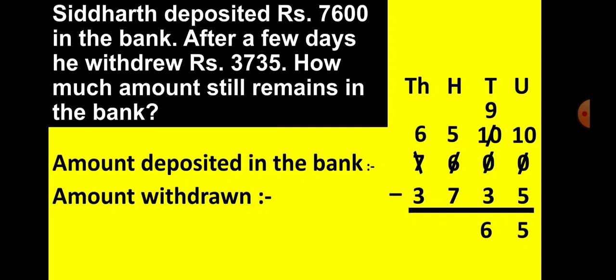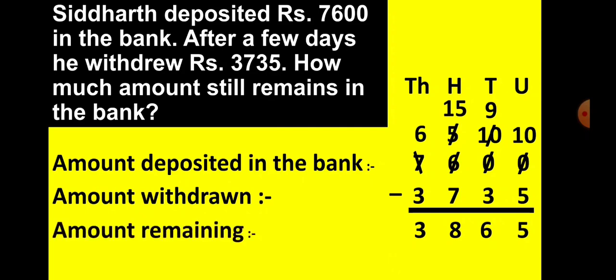And in the hundreds place the 5 is turning into 15. So 15 minus 7 you get 8 and 6 minus 3 in the thousands place you get 3. So the amount which remains is rupees 3,865.